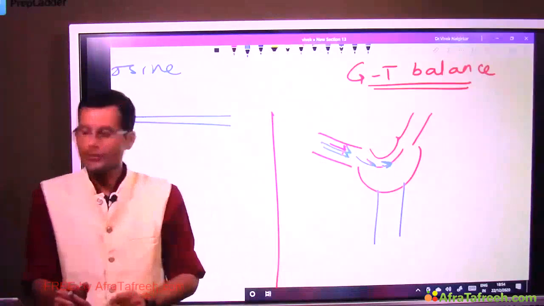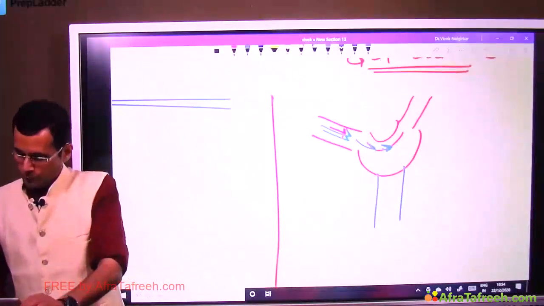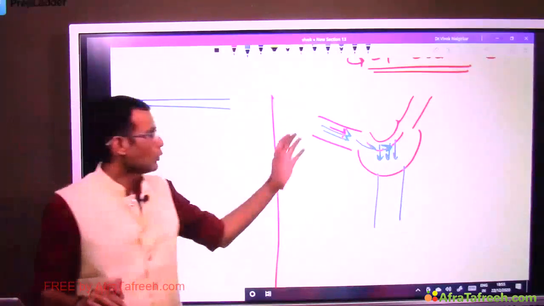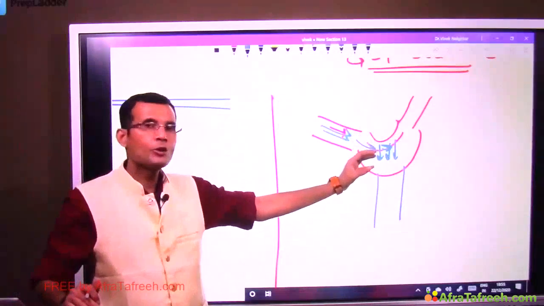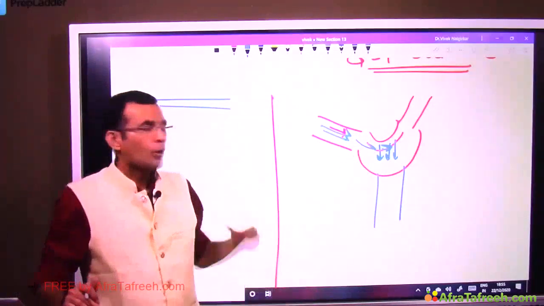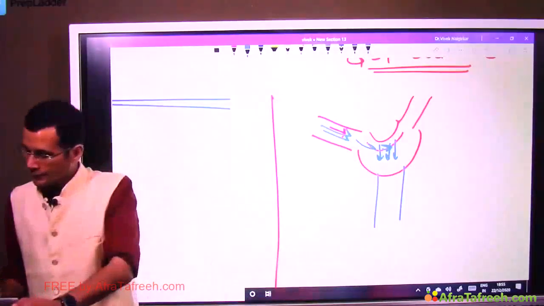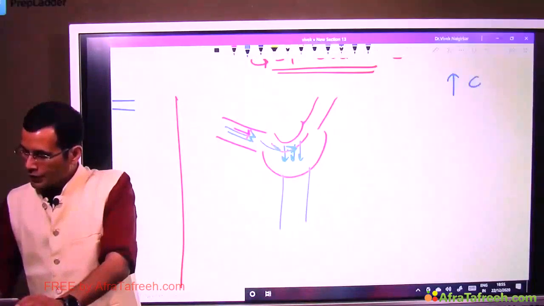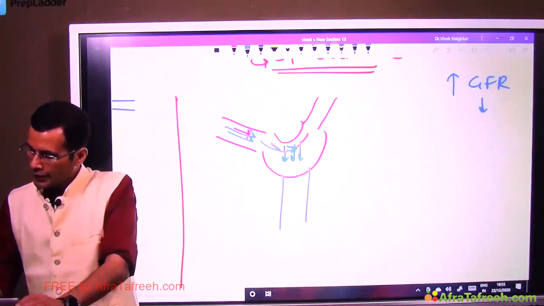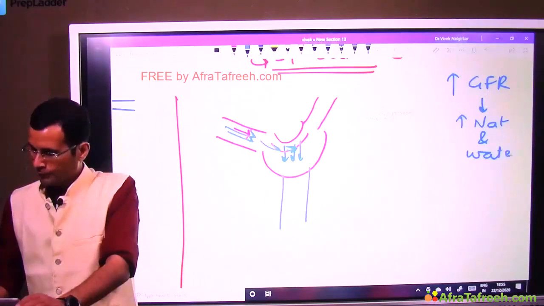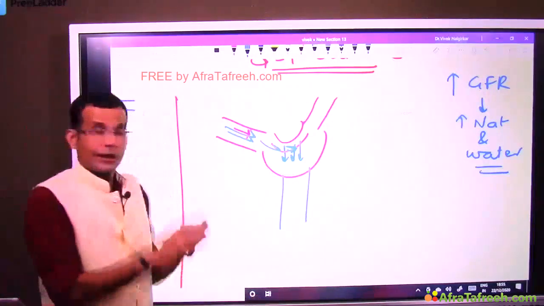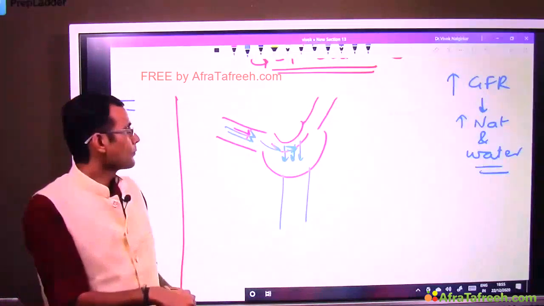You know how it works? Look, suppose a lot of blood flow has come into the glomerulus, which means what? There is increased GFR and increased filtration of sodium and water. Now look at this carefully.